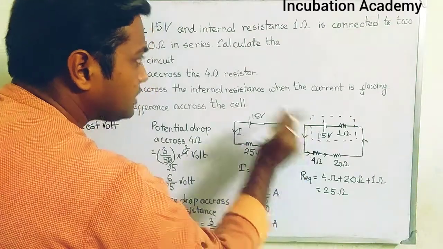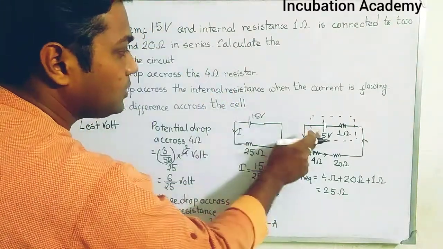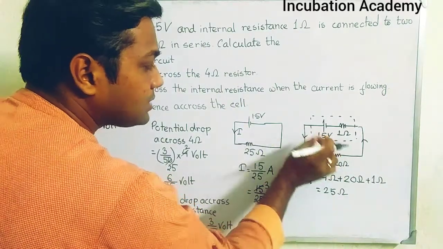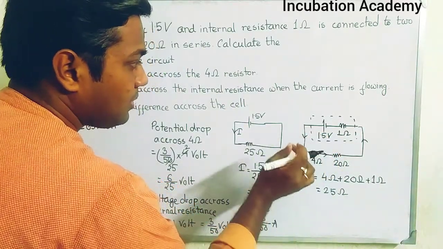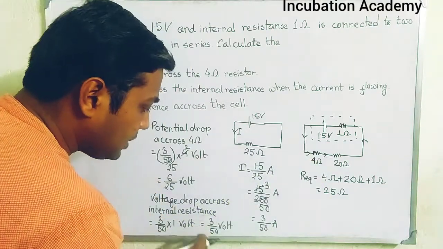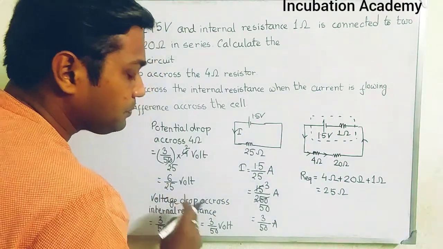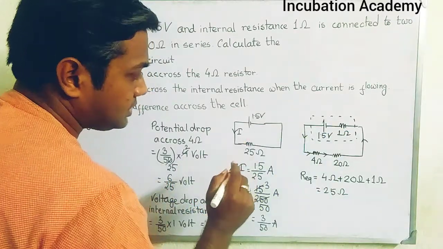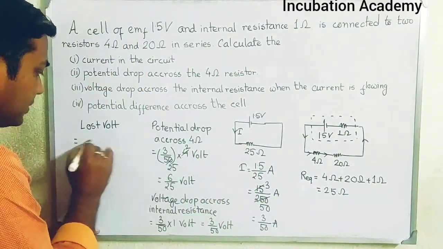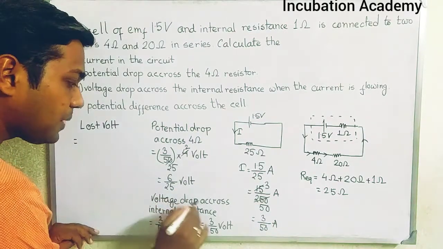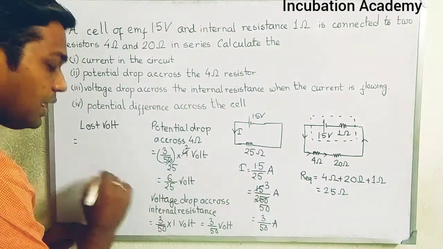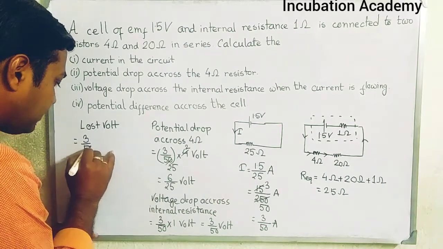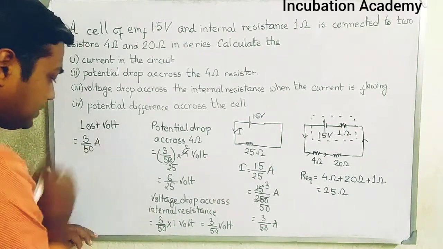Actually this battery's EMF is 1.5 volt, but this 1.5 volt is not available to us. This potential drop of 3 by 50 volt is completely consumed by the internal resistance. So the voltage drop across the internal resistance is nothing but the lost volt, that is 3 divided by 50.